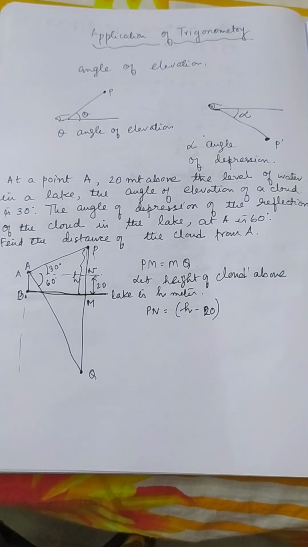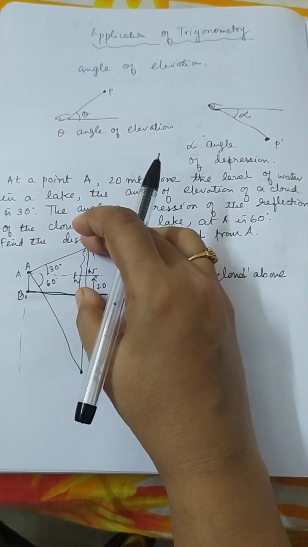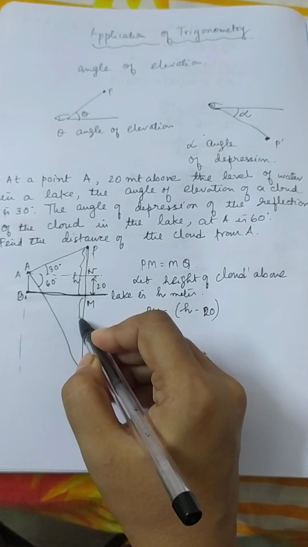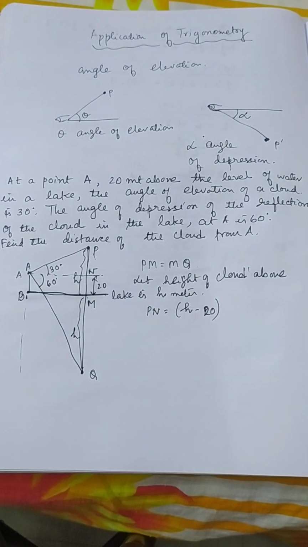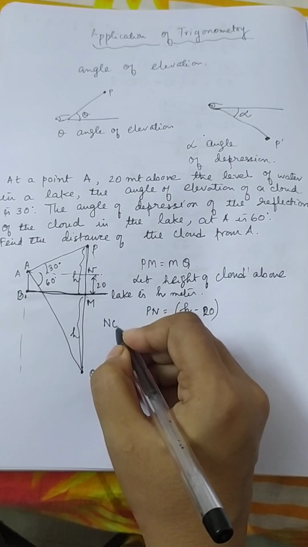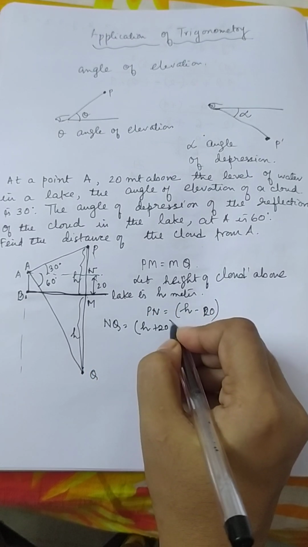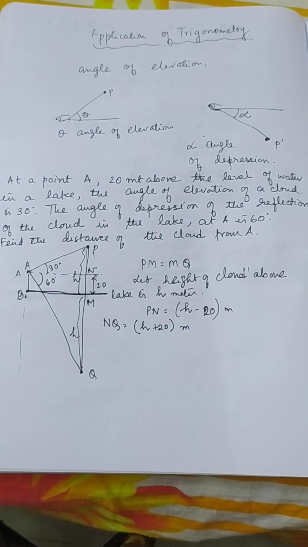And NQ, what is the length of NQ? As the height is h, here also it will be the same height, MQ is equal to PM. So the length of NQ will be h plus 20 meters, right?